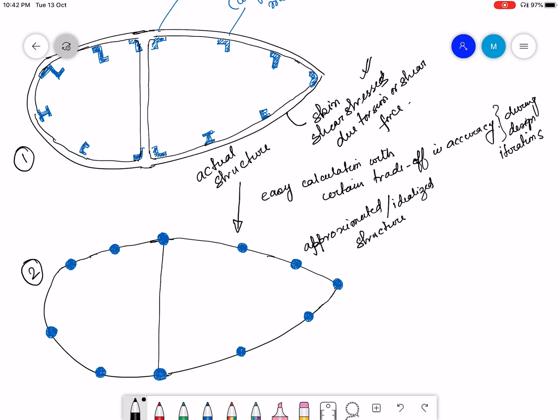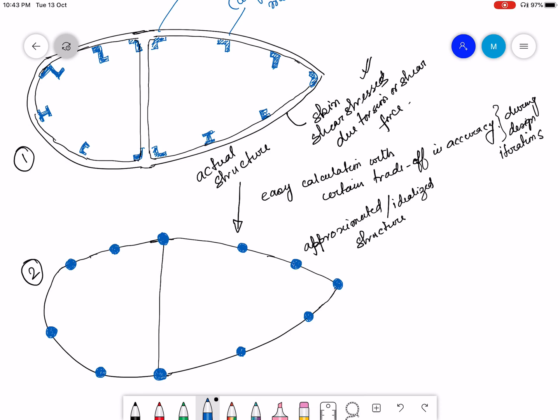Let us go one by one. This whole structure is going to experience bending load, and this bending load is going to produce direct stresses. Now you know that the longitudinal components, as shown by the blue figures, withstand the major part of these direct stresses.